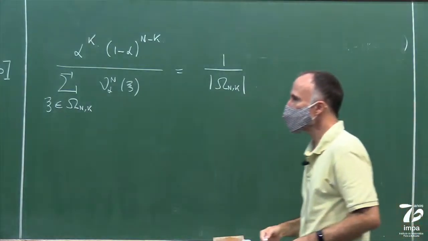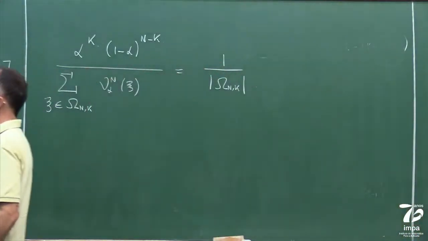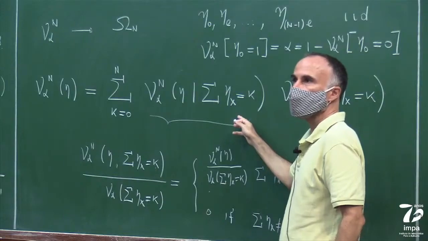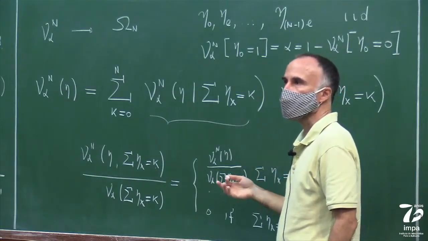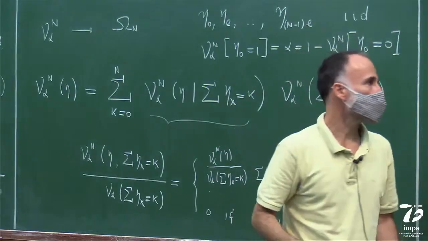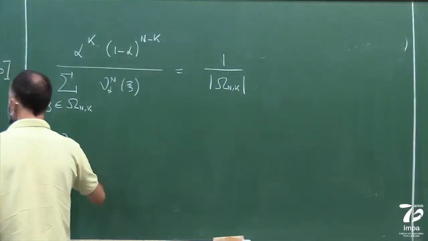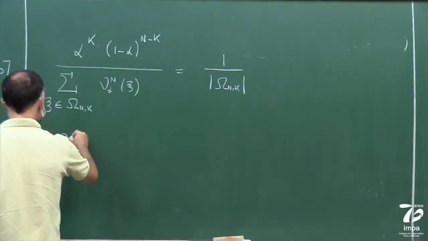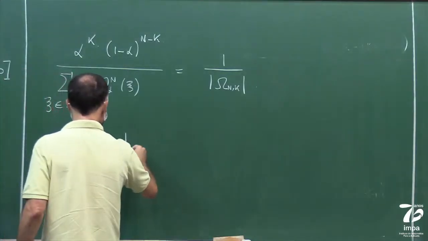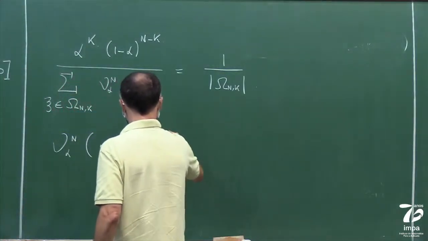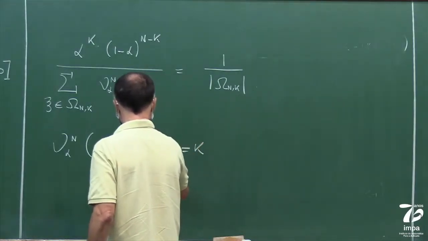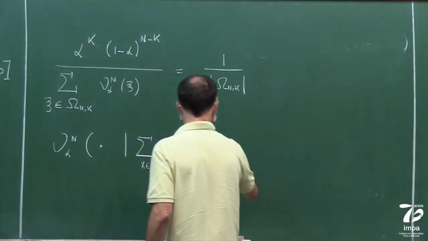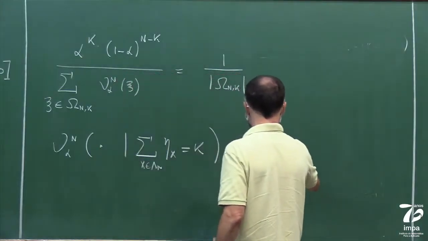So what we just proved is that this measure is actually the uniform measure over all configurations with k particles. So nu alpha n, the measure I obtain when I condition that the total number of particles is equal to k, is equal to mu n k.